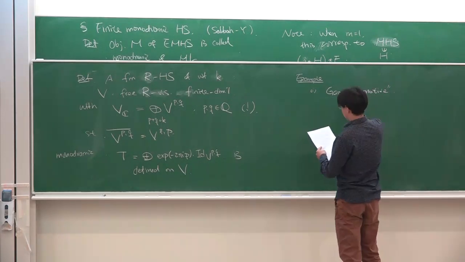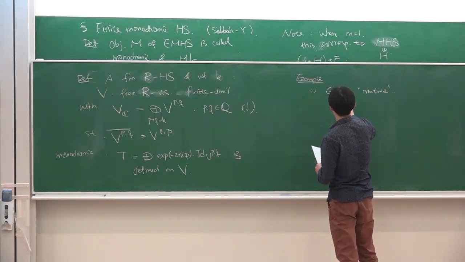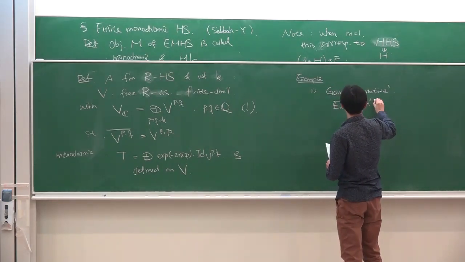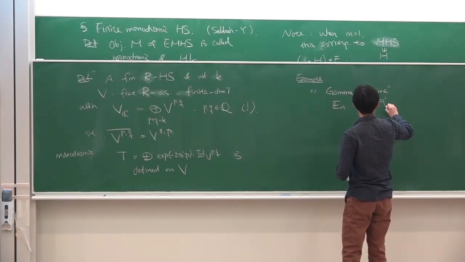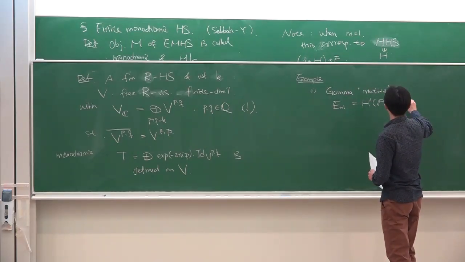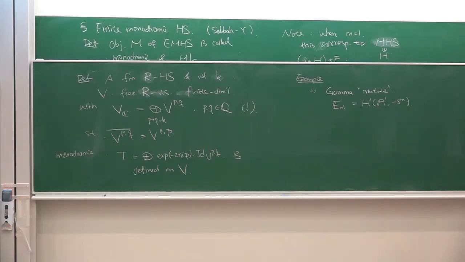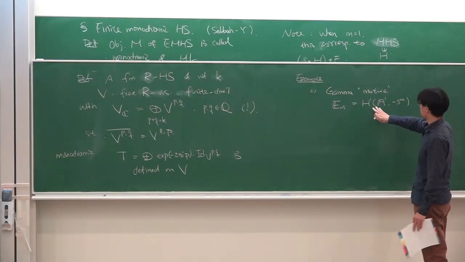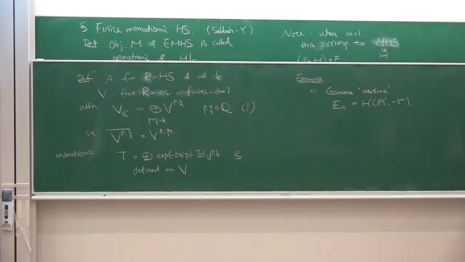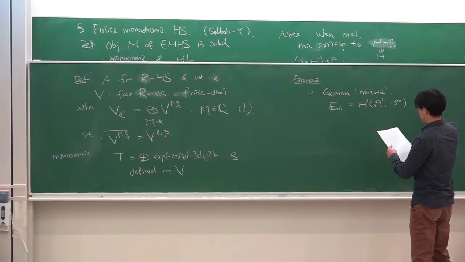We define E_m to be the cohomology of A1 with coefficients in the exponential of minus s to the power m. This is simple; you can take the Hodge realization, and you also have the Betti realization. I will write down the elements.